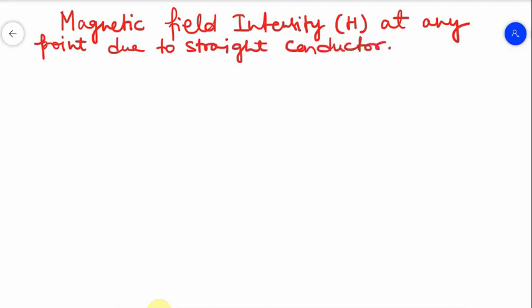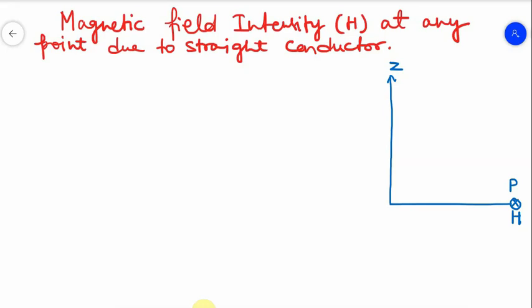So now let us consider, let this be the z-axis. Okay, and let this be the point where we have to calculate the magnetic field intensity H.